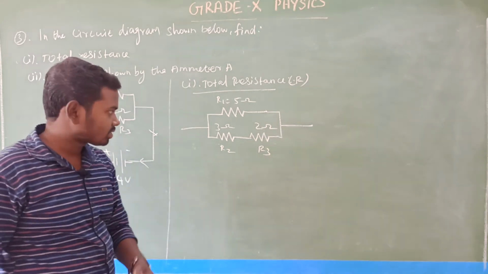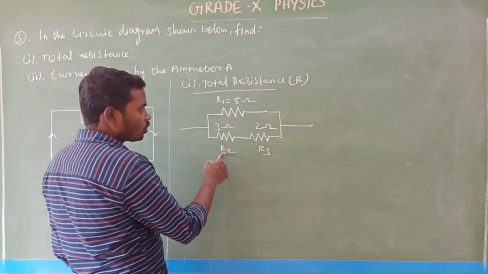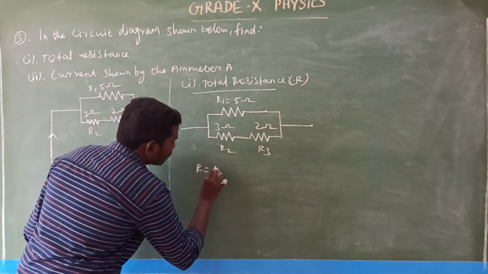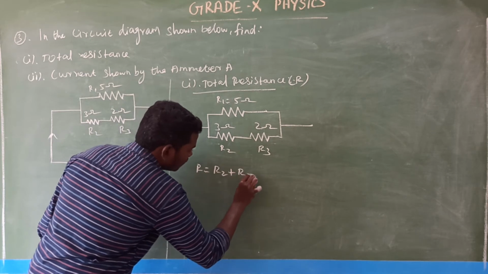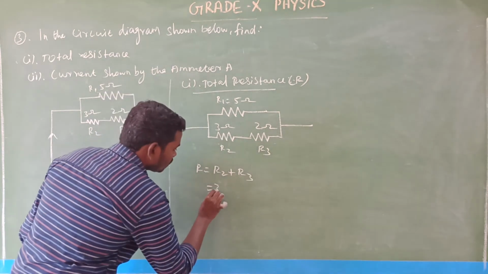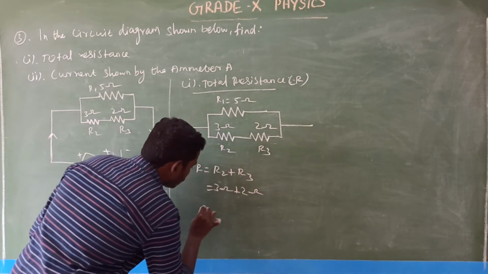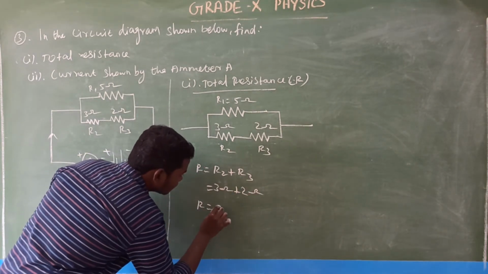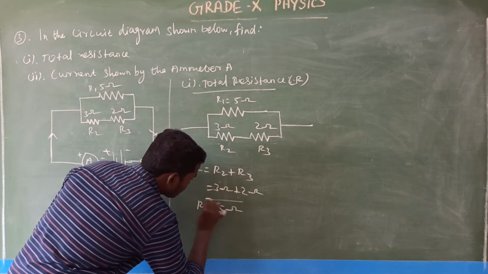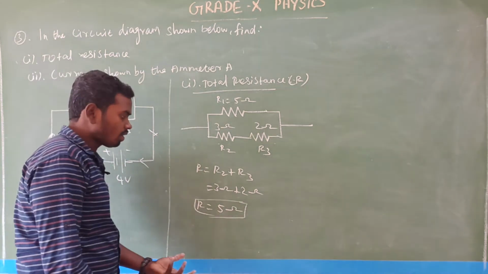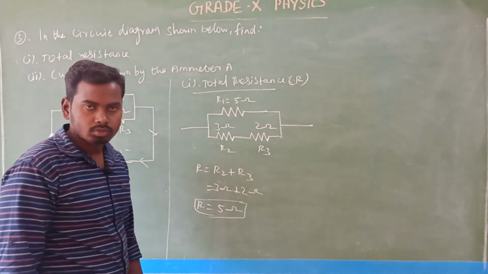R equals R2 plus R3, which is 3 ohm plus 2 ohm. So the R value will be 5 ohm. Is that clear, students? Very easy.